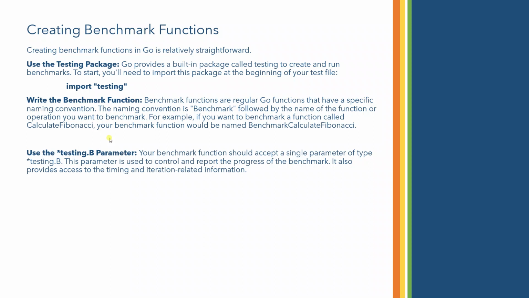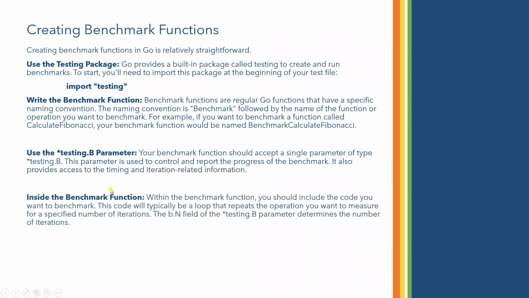Using the testing.B parameter, your benchmark function should accept a single parameter of type testing.B, and that function will internally use the iteration count that comes from the benchmark parameter.